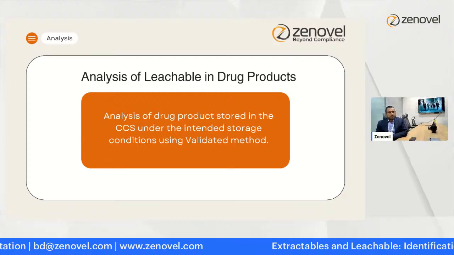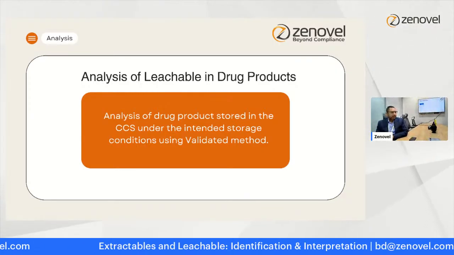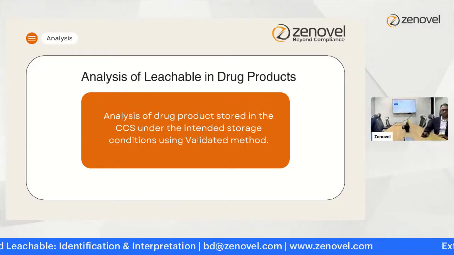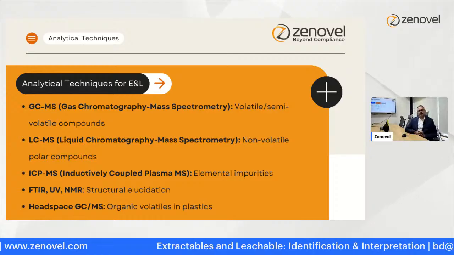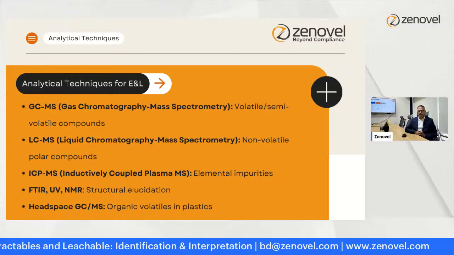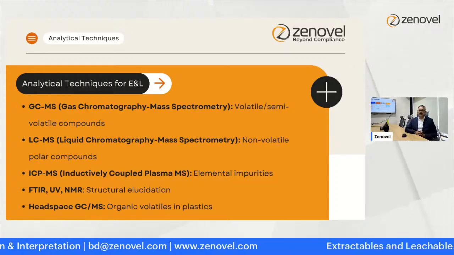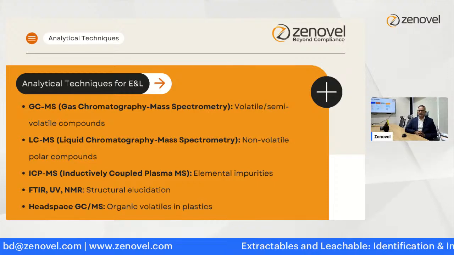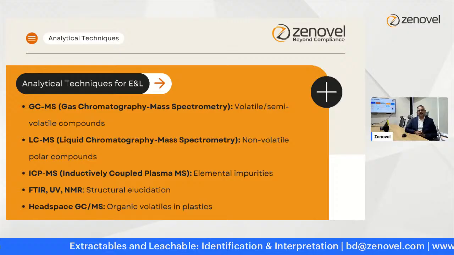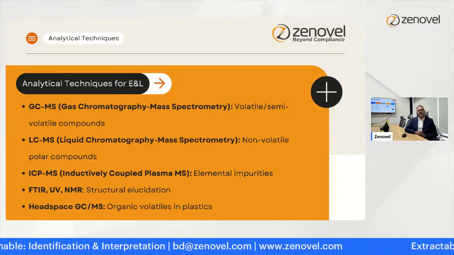So can you tell us more about which kind of analytical methods are required to measure the leachables? We know that extractables and leachables have different polarities, and we can also have metals, evaporated impurities, and non-evaporated impurities. So multiple instrumentation is required to identify all the possible extractables and leachables.